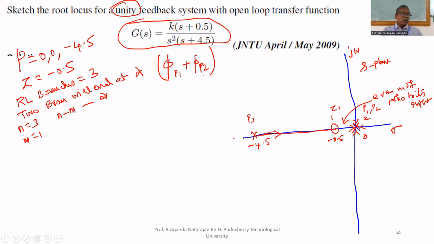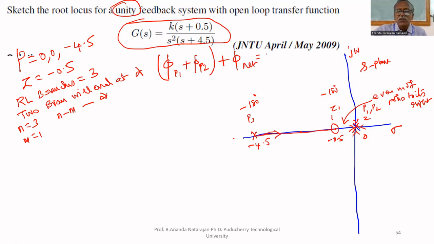For the remaining points, what are the angles made to that point? To the left, if we draw any line, it is 180 degrees. So the angle made by P3 is 180 degrees. By the zero also 180 degrees. We have to add this and subtract this. That is why the net angle is 0. The net angle contributed by all other poles and zeros is equal to 0.